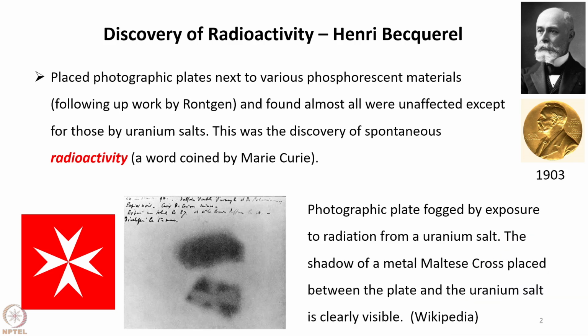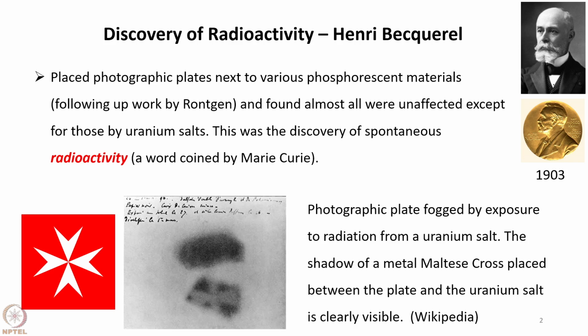So, you can see that photographic plates were fogged by the exposure to radiation from a uranium salt. For instance, the shadow of the Maltese cross, of course the picture of that is shown on the left. Red background and these white elements which have fourfold symmetry.